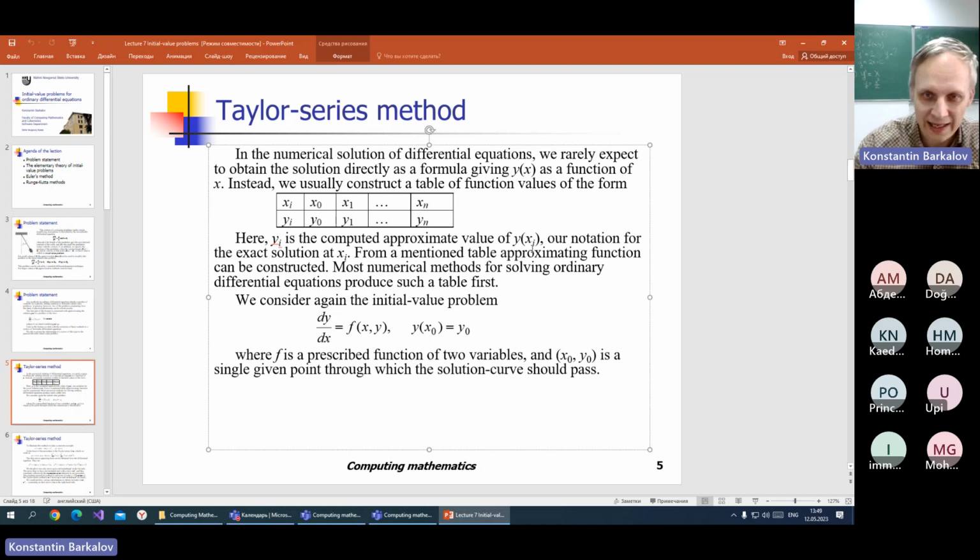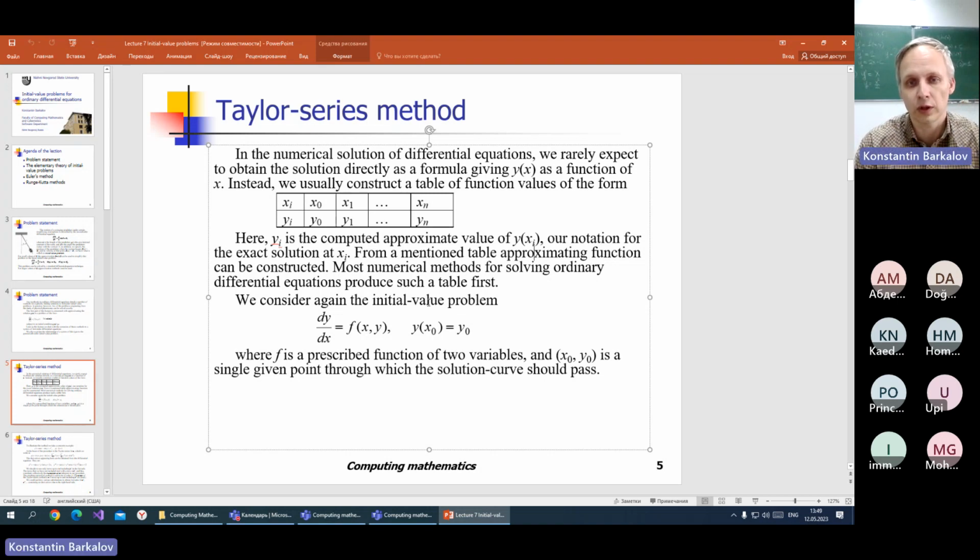Y of xi is a notation for the exact solution at the point xi. And if we have such a table, we can construct a function y of x that approximates this data.